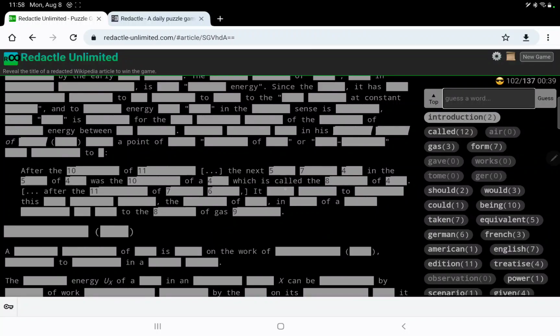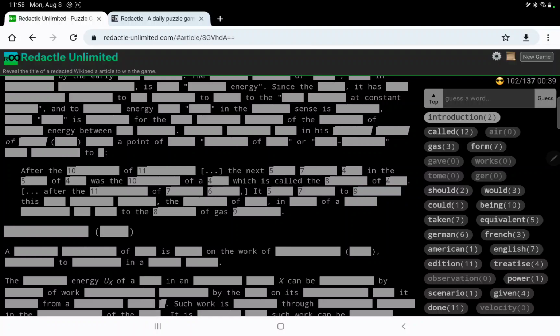After the 11 of 7, 6, it 5, 7 to 9, this 4, 8, 7, the 8 of 4 in 5 of a 6, 9, 3, 4 to the 8 of gas. Gas, heating, gas, generation, gas something.